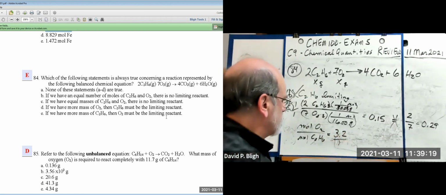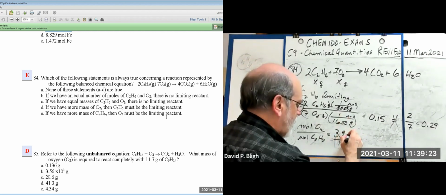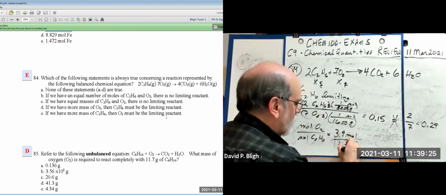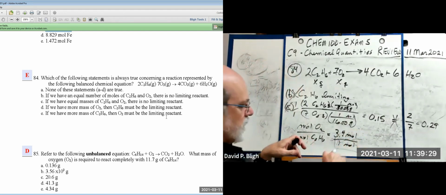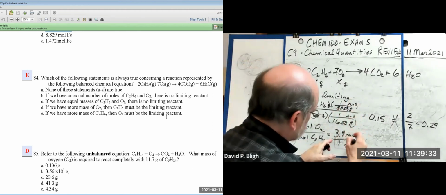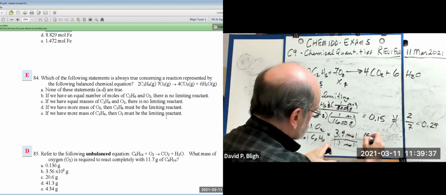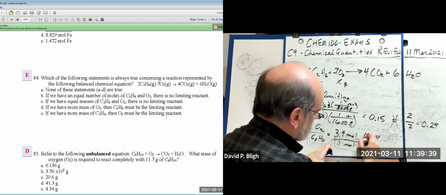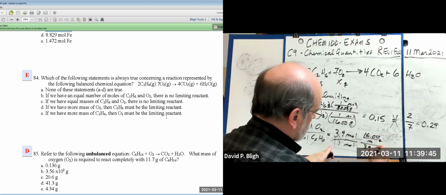That's moles. So what does that mean for mass? Well, we have to just flip this over and say moles converted to mass would be 16 grams per mole divided by 30.08 grams per mole.